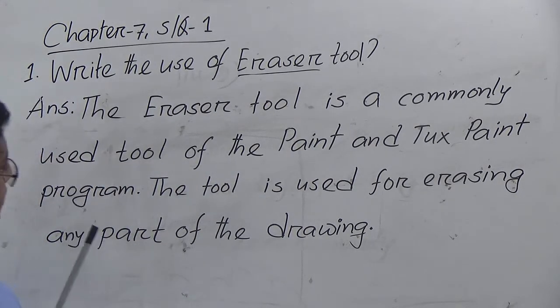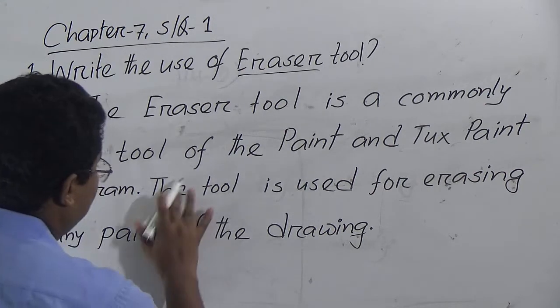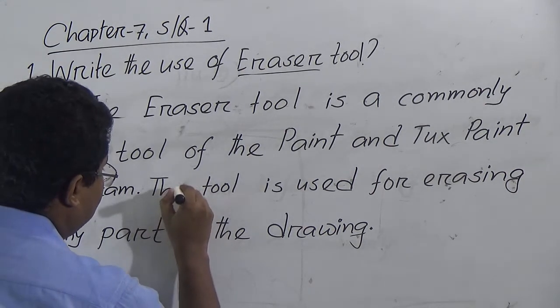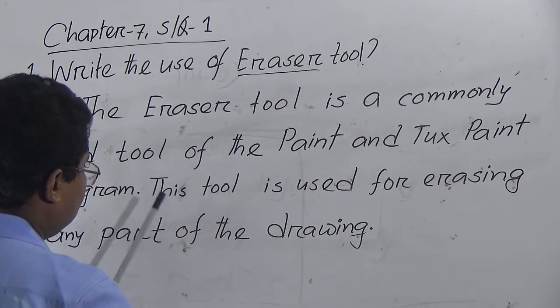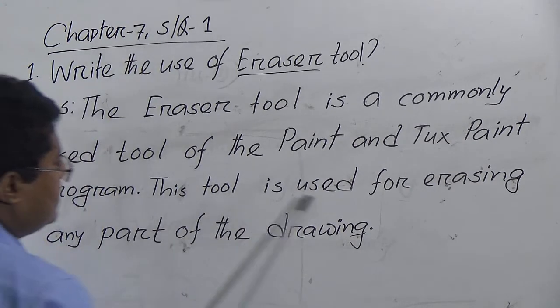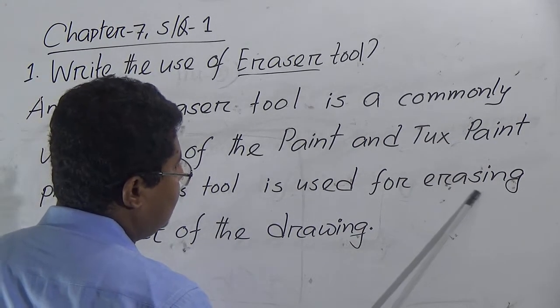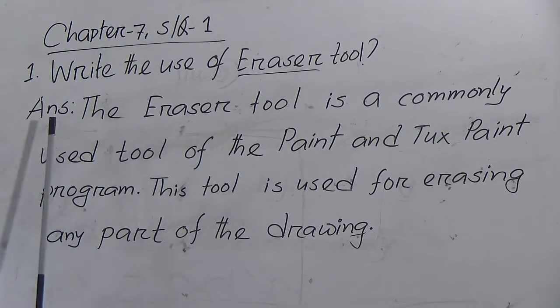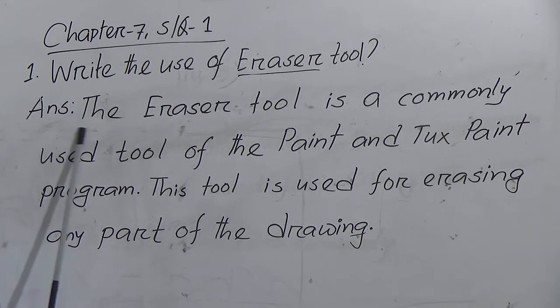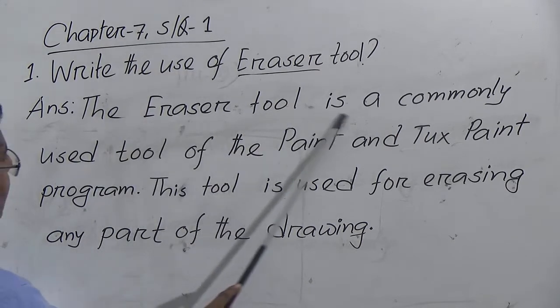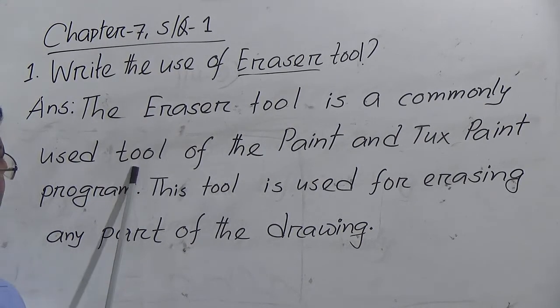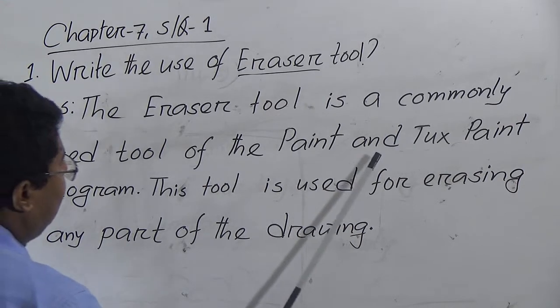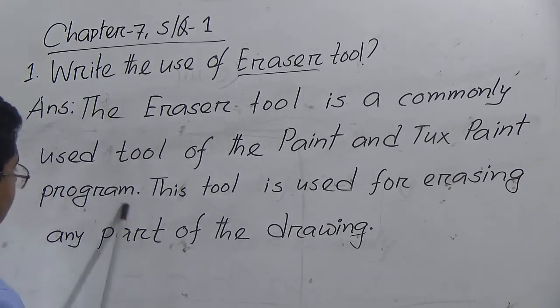This tool is used for, I'm correcting this one, this tool is used for erasing any part of the drawing. I'm repeating for the last time. The eraser tool is a commonly used tool of the Paint and Task Paint program.